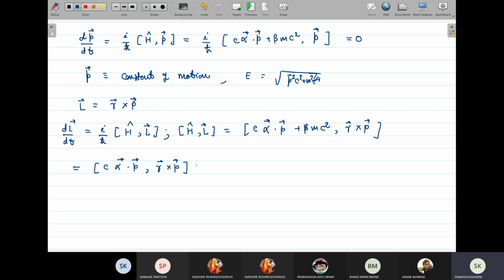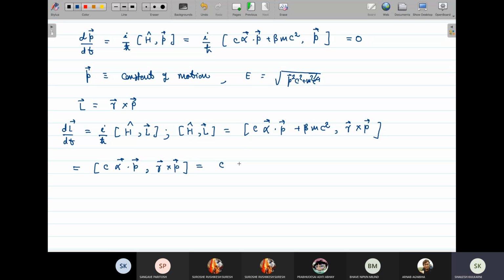There is an identity here. Alpha will always commute with identity. So as far as the commutation between alphas and identity is concerned, it is 0. But there is a non-trivial commutation relation between P and R, and there is a cross product.